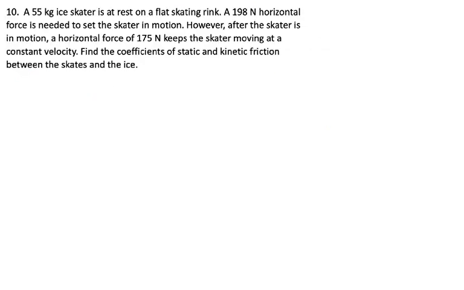Okay, so the next one, number 10, is an example problem, and this is a friction type problem. So just remember your coefficient of friction, mu, is equal to whatever the frictional force, either static or kinetic, divided by the normal force. So we said we have a 55 kilogram ice skater at rest on a flat skating rink.